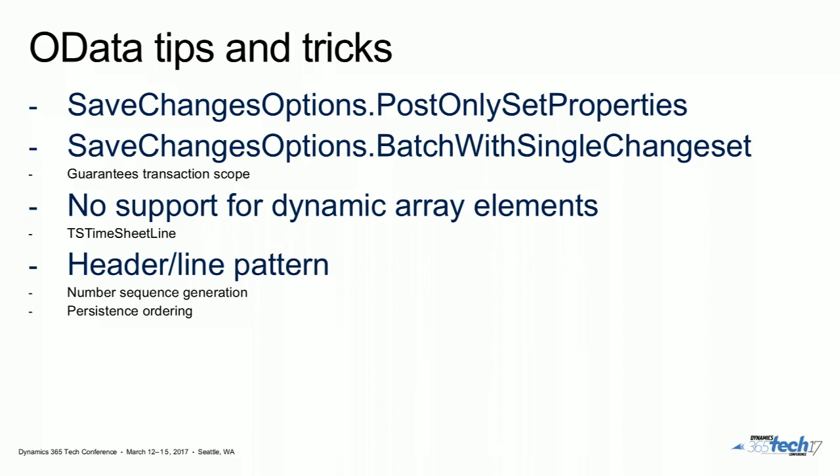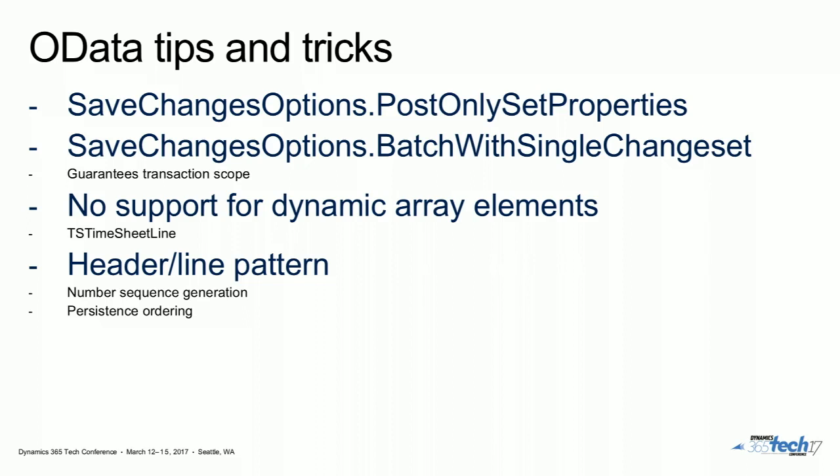And in some of the patterns with OData, we have seen that there is a need for transactional scope. What we mean by transactional scope is, for example, a header and child kind of data where the sales order header and line both go in at one shot. If there is an issue with the line, then the header needs to be reverted back. So you can use this batch with single change set.